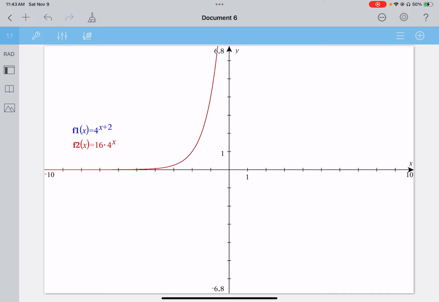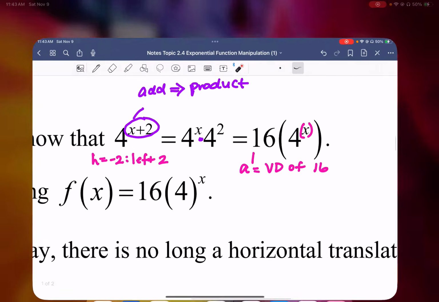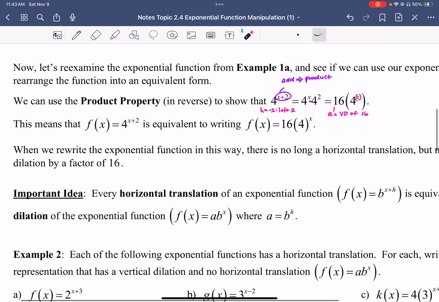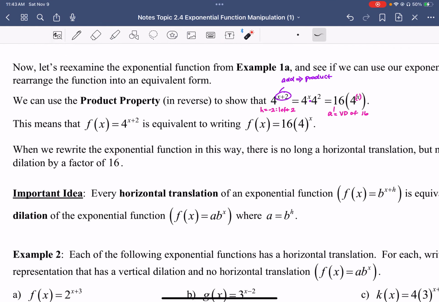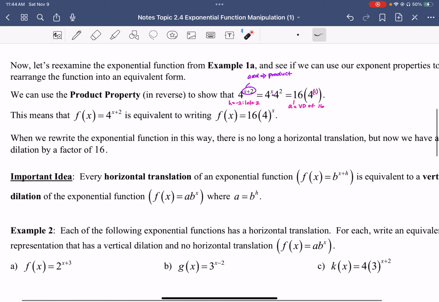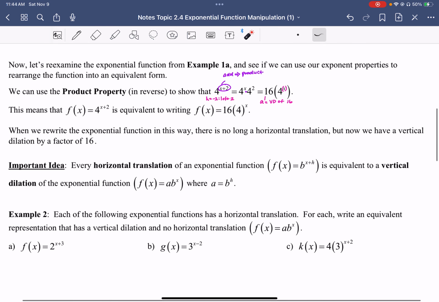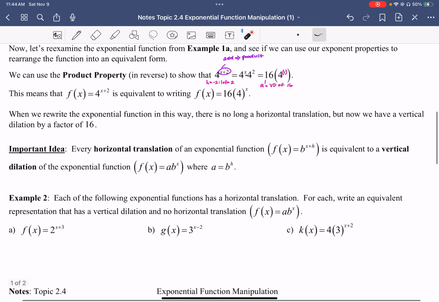So even though they look different, if you apply the properties of exponents correctly, you still get the same graph, even though the equations and the transformations are different. This means that f of x equals 4 to the power of x plus 2 is equivalent to f of x equals 16 times 4 to the power of x. When we rewrite the exponential function this way, there is no longer a horizontal translation, but now we have a vertical dilation by a factor of 16.